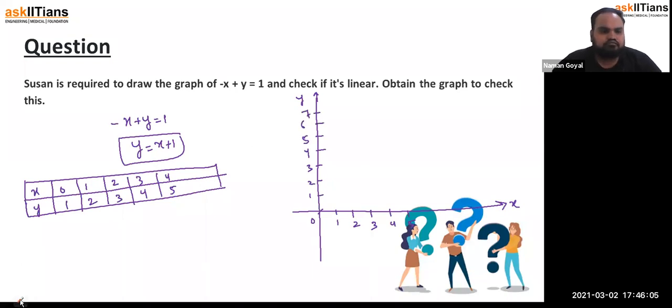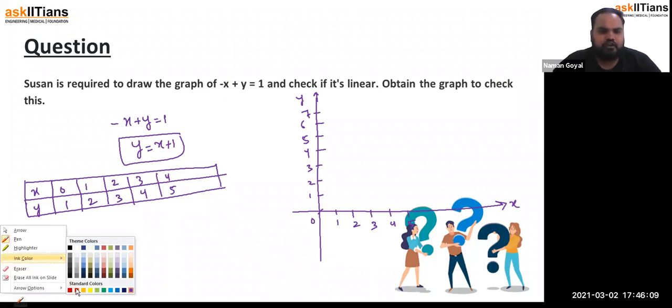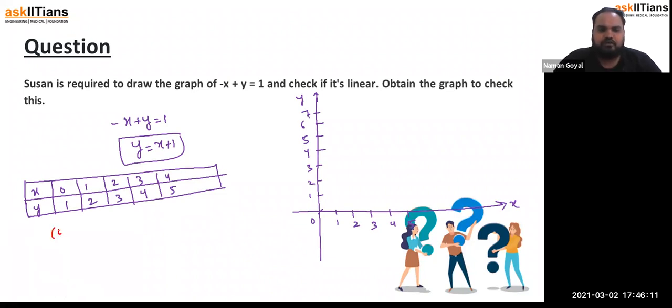Now first of all we have to plot the points, right? And which points do we have? First point is 0 comma 1, right? So if x is 0, the value of y is 1, so the point is this. When x is 1, y is 2, so we get this point.